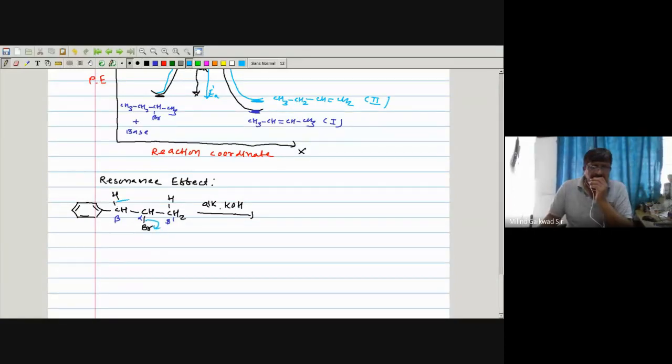So you can replace this sigma bond, you can also replace this sigma bond, and you get two compounds, that is Ph, CH double bond CH and CH3, right? And also you can get the corresponding compound, that is Ph, CH2, CH double bond CH2. So you can get compound number 1 and compound number 2, right?